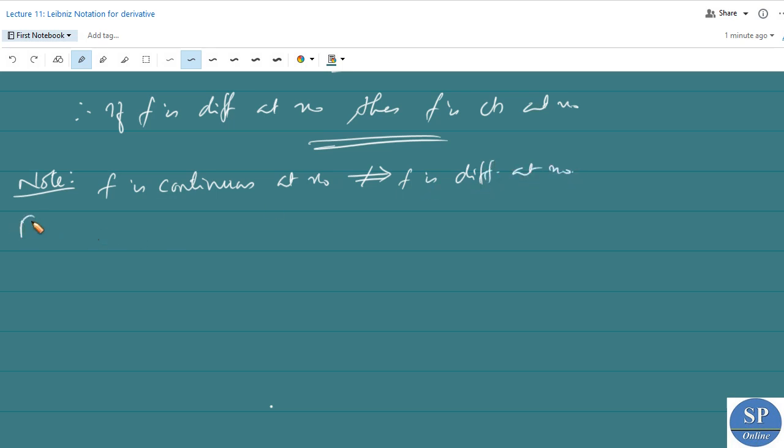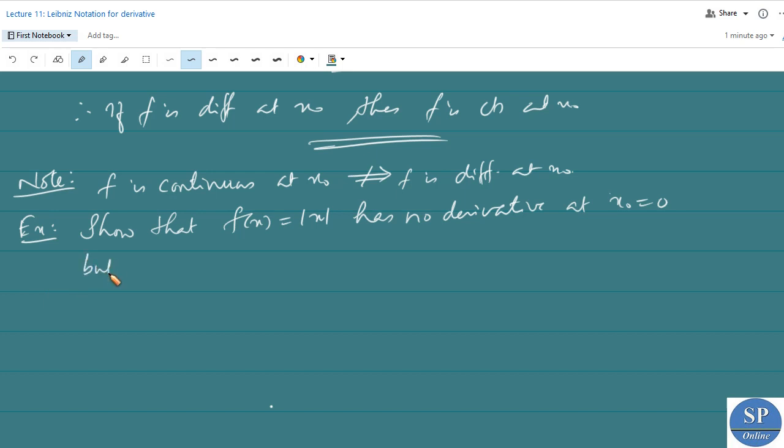For example, question: show that f of x equal to mod x has no derivative at x naught equal to 0, but it is continuous.